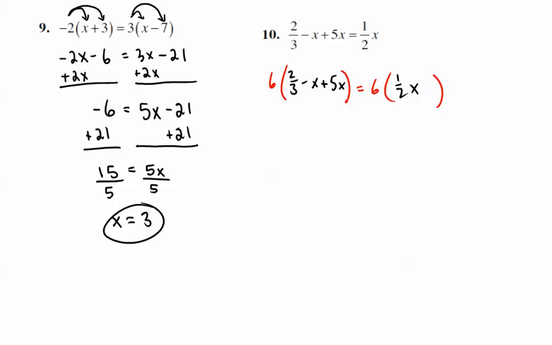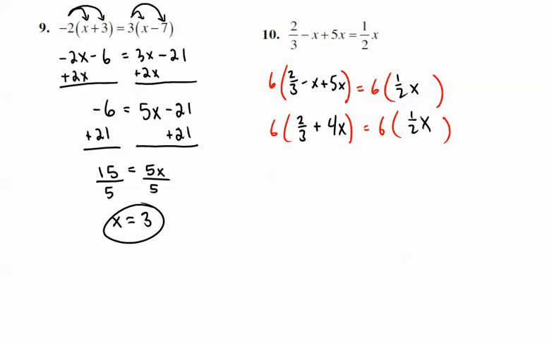It's really going to make my life simpler if I combine those before I do anything more. So I'm just going to rewrite everything one more time, but this time I'm going to simplify that. Negative x plus 5x gives me a positive 4x. So 2/3 plus 4x, and the other side is still 1/2 x.